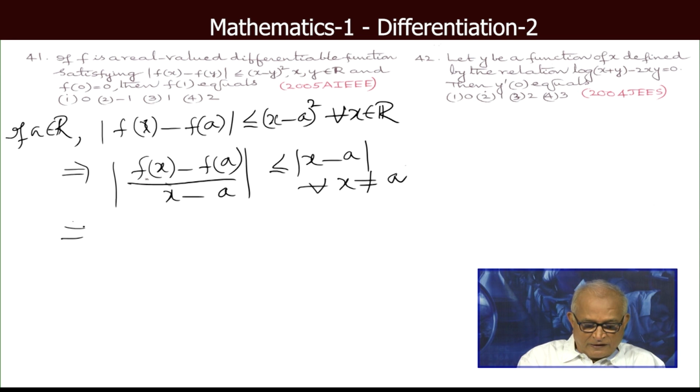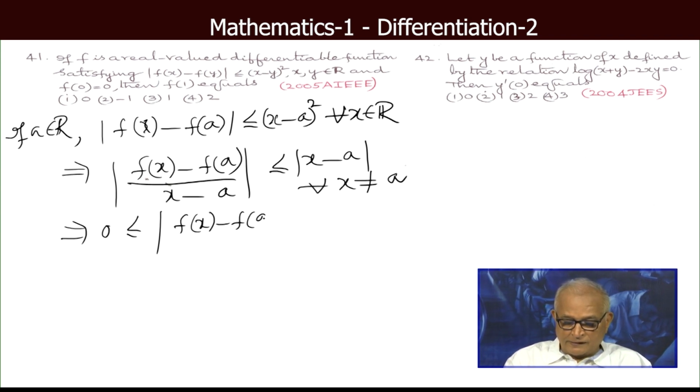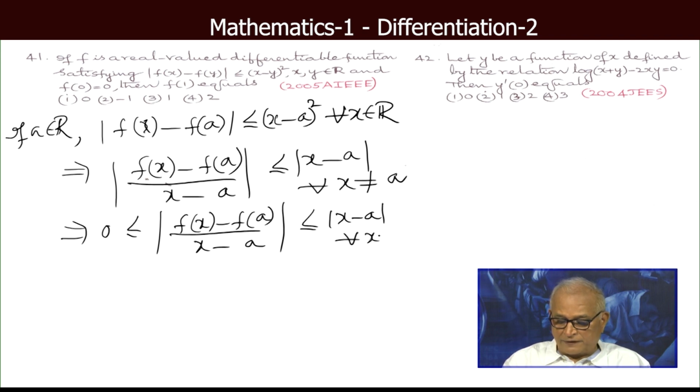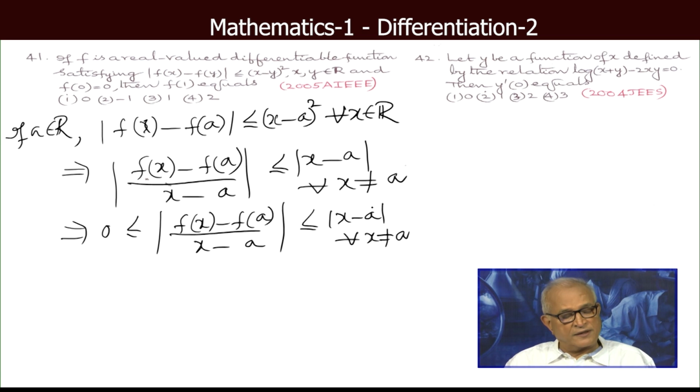Therefore, this is the Newton quotient for f at x equal to a: 0 less than or equal to mod of f(x) minus f(a) by x minus a, because this modulus is always a non-negative number, less than or equal to mod x minus a for all x not equal to a. Now apply the sandwich theorem. As x tends to a, mod x minus a tends to 0.